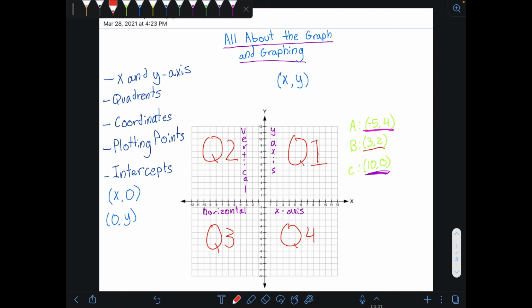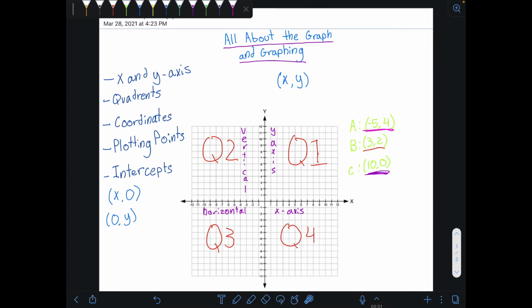So now you know your quadrants, and so the next step is to learn about coordinates and coordinate points. This is fairly simple, but first you need to learn about the x and y points, as written here. So every time you write a coordinate point, such as -5, 4 here, for example, it will have your x first and then your y.